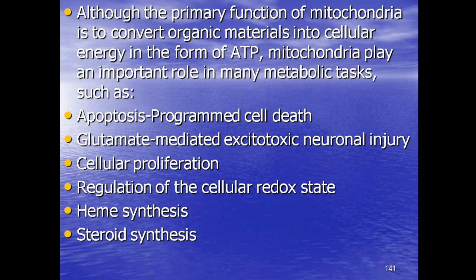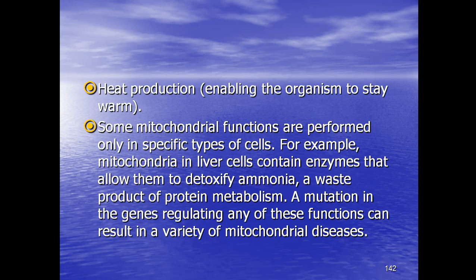Then regulation of cellular redox state, not the oxidized state, but the redox state. Even the synthesis of heme, the iron moiety which is found in hemoglobin. Then they participate in steroid synthesis.